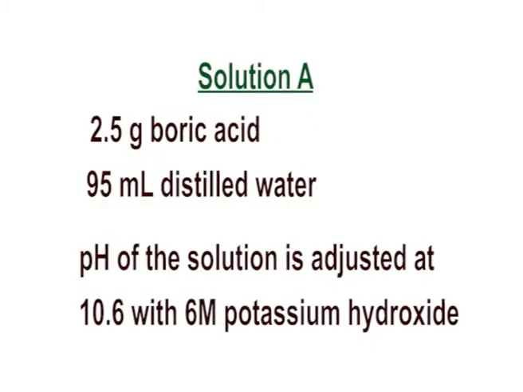Two solutions are required when o-phthalaldehyde is to be used as a fingerprint reagent. Solution A is prepared by dissolving 2.5 grams of boric acid in 95 ml of distilled water. The pH of the solution is adjusted to 10.6 with 6 molar potassium hydroxide. To the solution, 0.3 ml of 30% detergent and 0.2 ml of 2-mercaptoethanol is added.